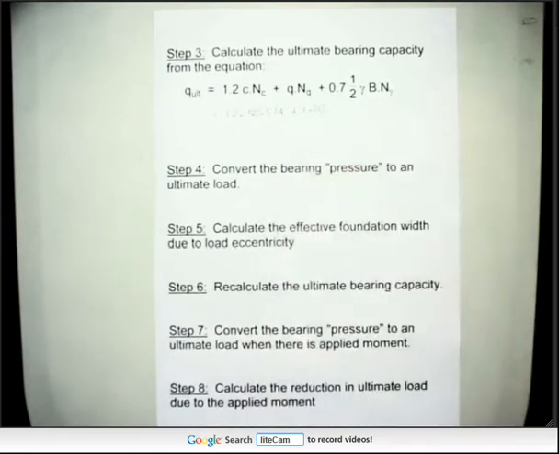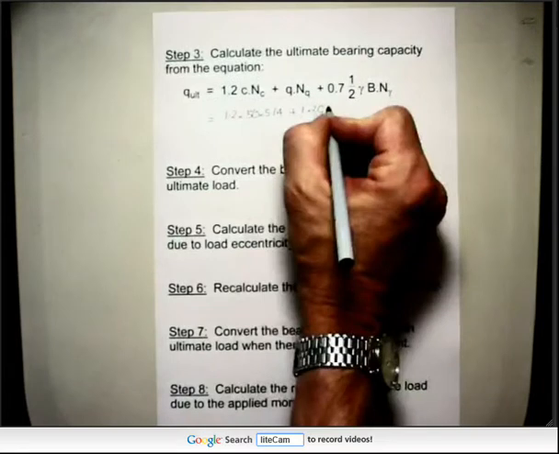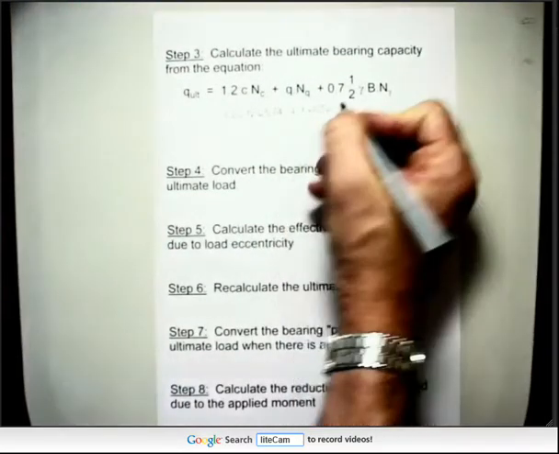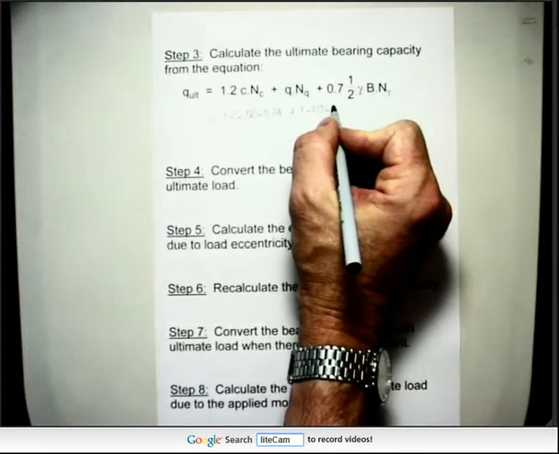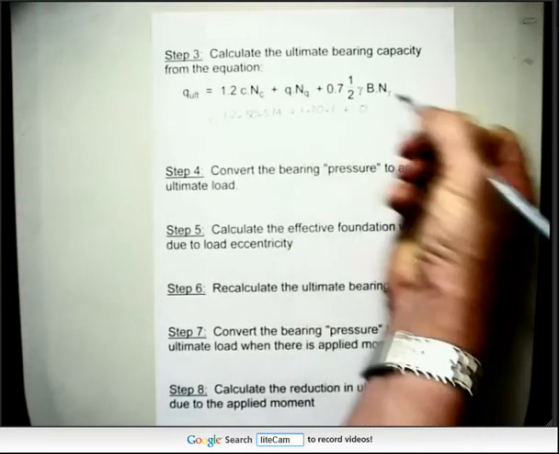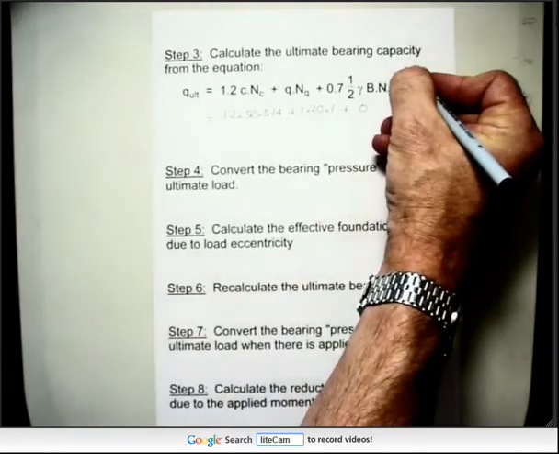So the stress at foundation level is 1 times 20, times a shape factor of 1, times a bearing capacity factor of 1. Plus, and the last term is 0 because N gamma is 0.